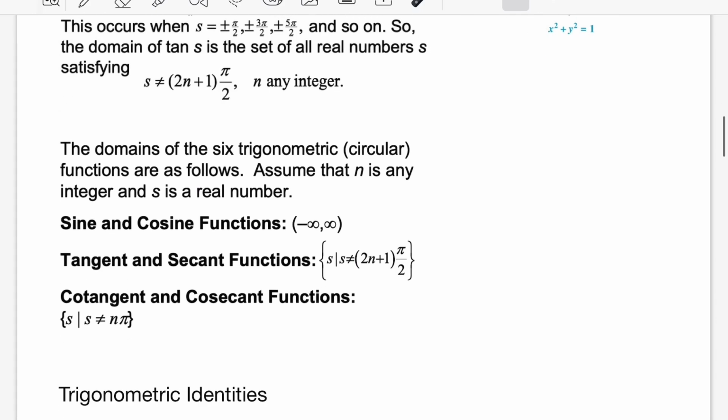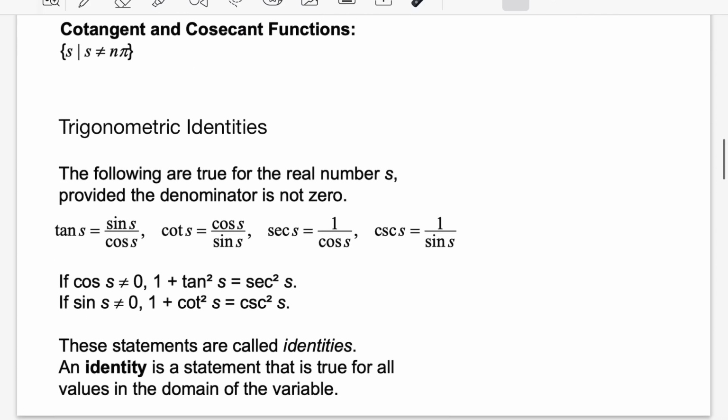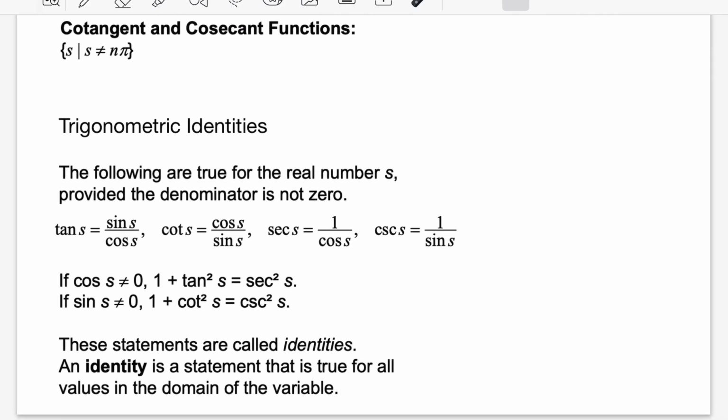Alright, so this brings us to our trig identities. The following are all true for our real number s, assuming that the denominator is not equal to 0. We saw above that tangent of s was y over x, so it's equal to sine over cosine. Cotangent is the inverse of tangent, so these switch.